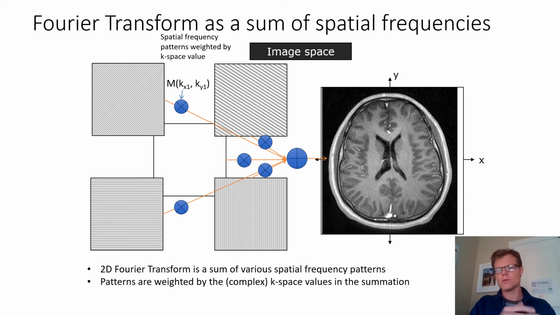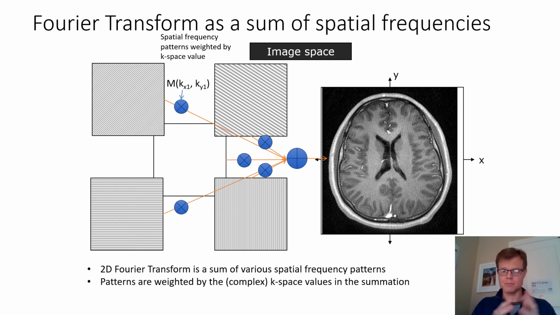And so the way we can represent this image is we can say, okay, we've got this big set of various spatial frequency patterns. We're going to pick how much of each of these spatial frequency patterns we're going to use to create this given image. So that's what these little circles with the crosses in them represent: multiplication by the weights of our different spatial frequency components.